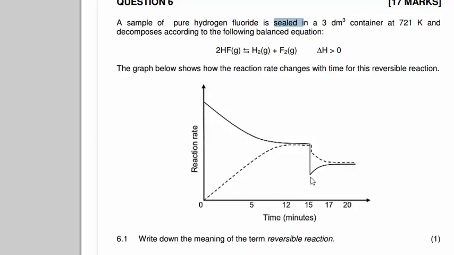If I take away a catalyst, I think the effect on both would have been the same. Do you agree? Because the catalyst favors the forward and the reverse reaction the same. So the reaction rate decreased, which means I took away something, or I took away the catalyst. Or the second thing would be I took away temperature.